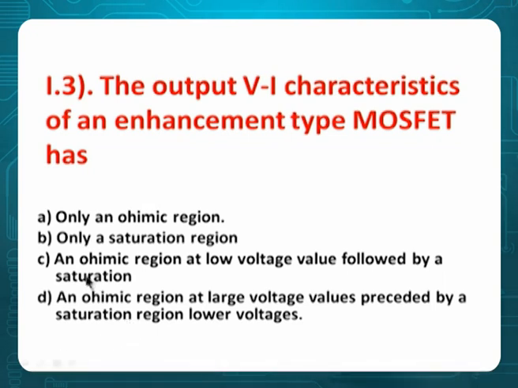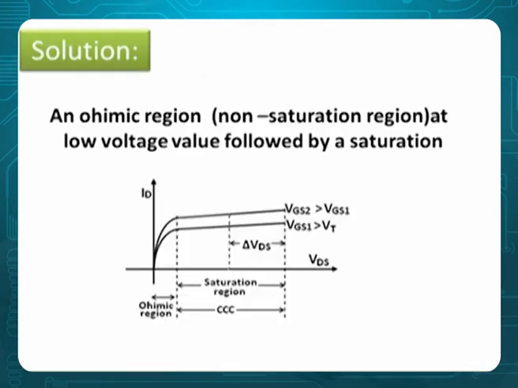The option is C. Initially it is like an ohmic region, and then as current increases, carriers increase, collisions take place, velocity is saturated. That's why it is called the saturation region. That's why the option is C.